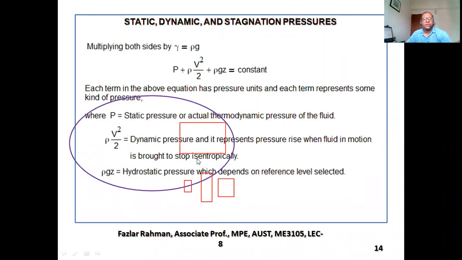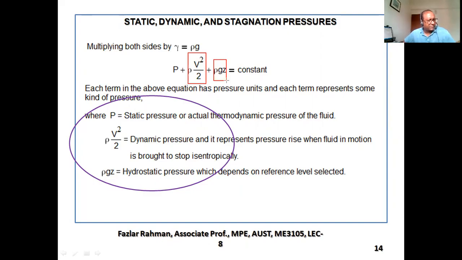Now, if you look carefully at this equation, what will be the unit of P, the unit of rho v square by 2, and the unit of rho g z?